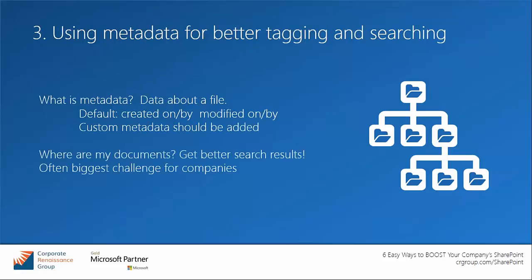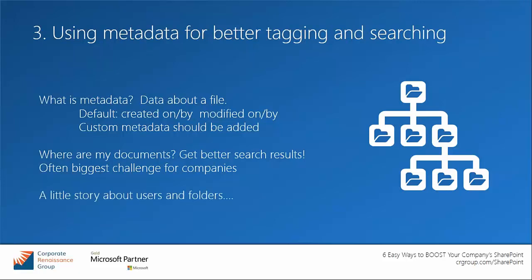You can also add a whole bunch of custom metadata. So you can say, I want to have a year field and store what year this document relates to, or you can have a client field, or a document type field where you're saying this is a proposal, this is an RFP. So you can specify the different types of documents that way.